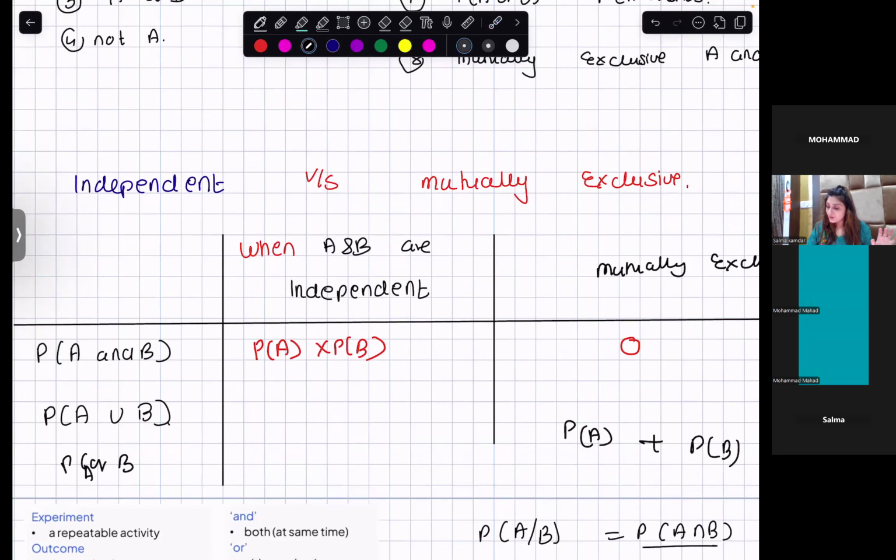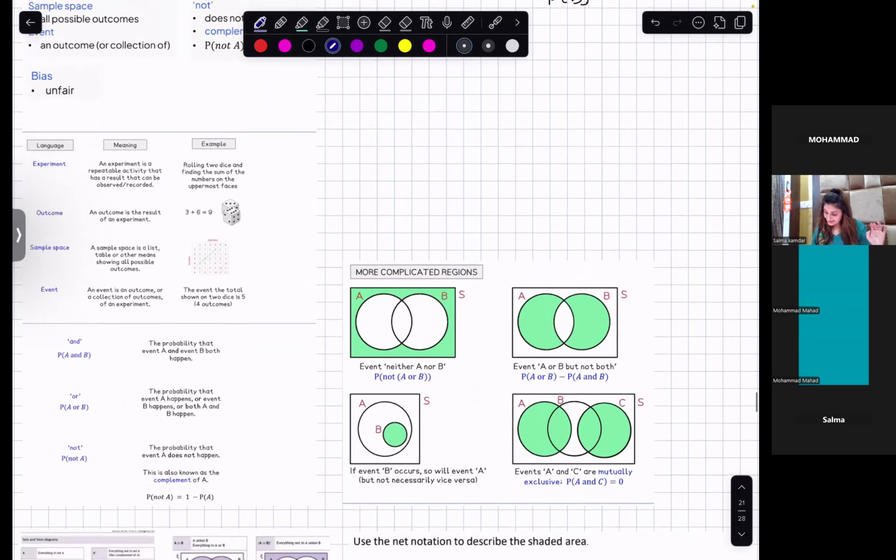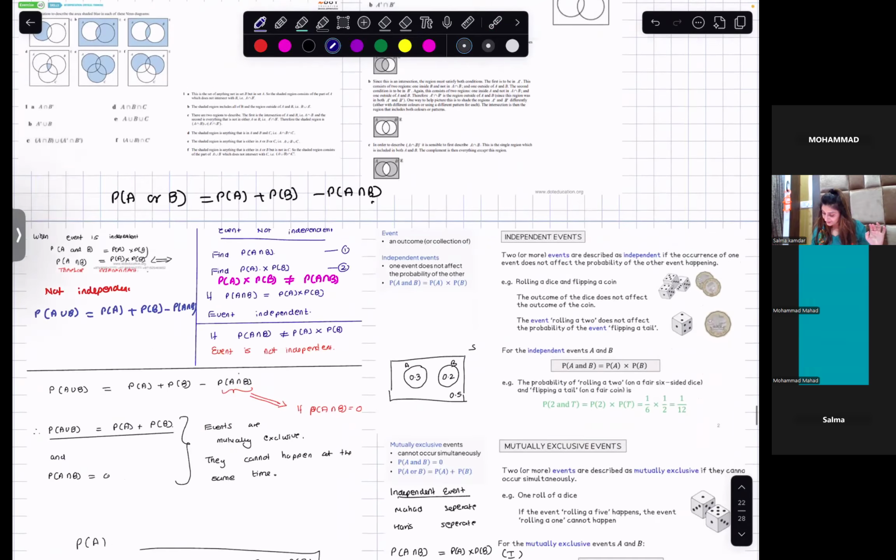The general formula of probability of A union B is what? The general formula is probability of A plus probability of B minus A intersection B. And in case of mutually exclusive, this will become what? Zero.